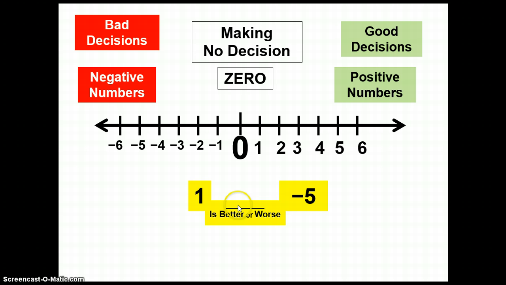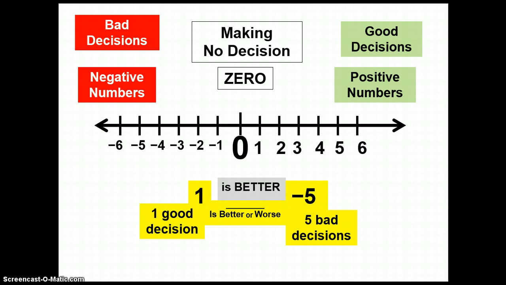1, is it better or worse than -5? So is 1 good decision better than 5 bad decisions? Or is 1 good decision worse than 5 bad decisions? It's better, right? It's better. So that would be that symbol.